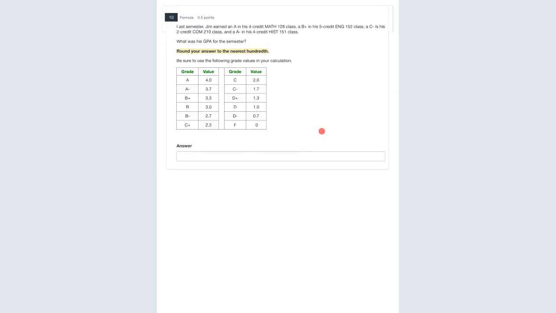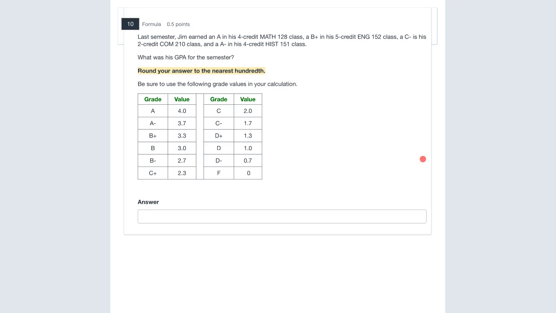Number 10, same problem. In this case here, I'm taking 4 classes, right? So the first thing we have to do is find the number of credits.